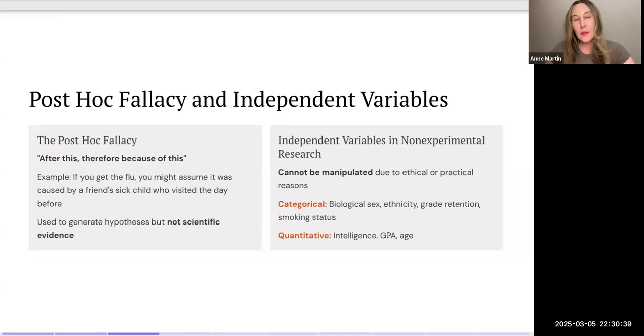Some of these variables might be categorical, like biological sex, ethnicity, grade retention, smoking status, and others might be quantitative, like GPA, age, intelligence, socioeconomic status. Even though they can't be manipulated, they might be of importance in education.